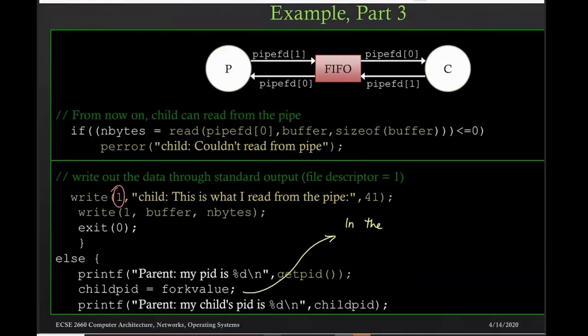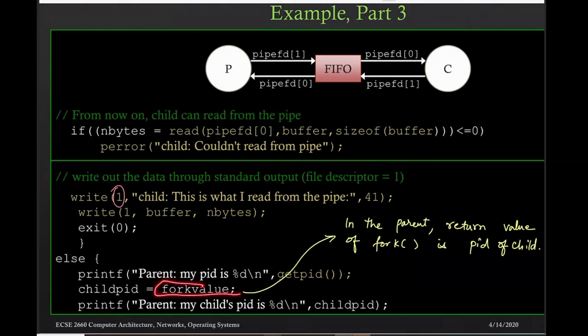In the parent, the return value of fork is the PID of the child, right? We have seen that before in the previous lecture. So that's what will be currently in the fork value.